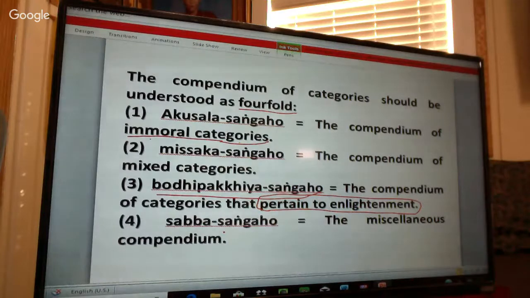So in this chapter, we will discuss one by one: Akusala Sangaha, Missaka Sangaha, Bodhipakkhiya Sangaha, and Sabba Sangaha.